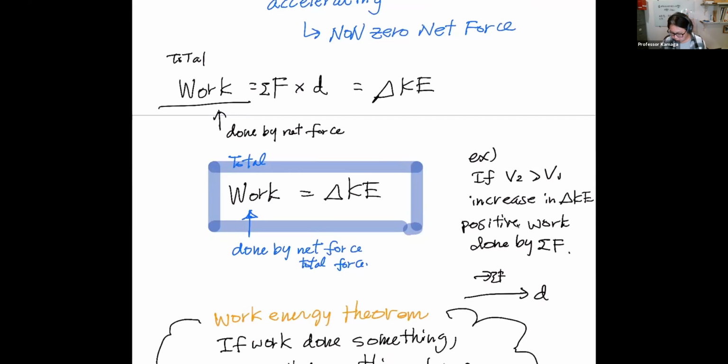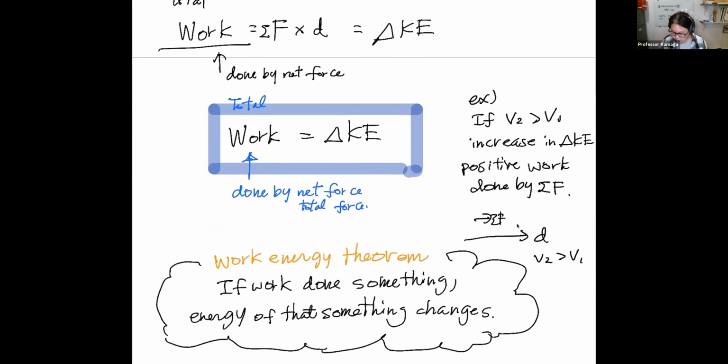So the final velocity is bigger than the initial velocity. You have an increase in kinetic energy, which means positive work done by the net force. If you have a decrease in kinetic energy, net force is applied opposing the motion, right? Then the object decelerated, slowed down.